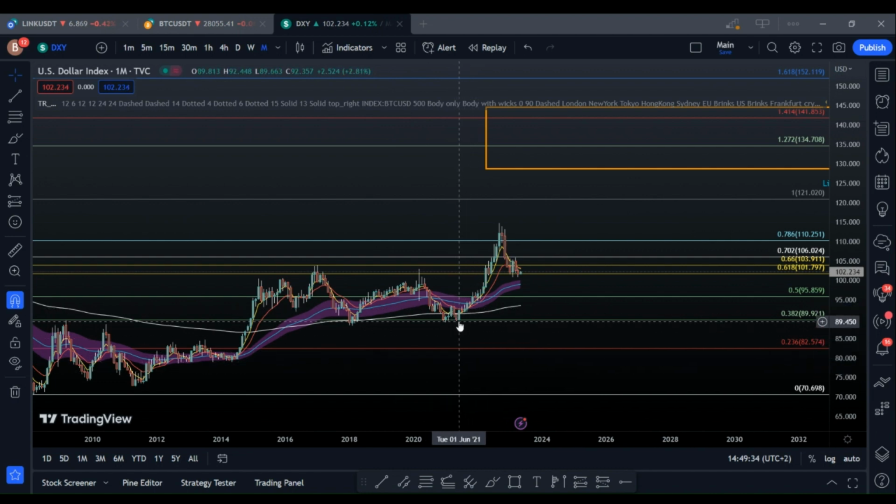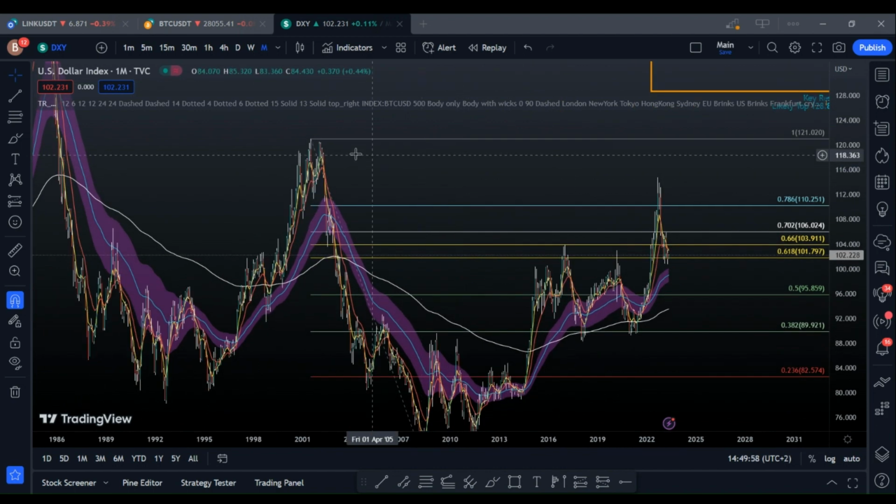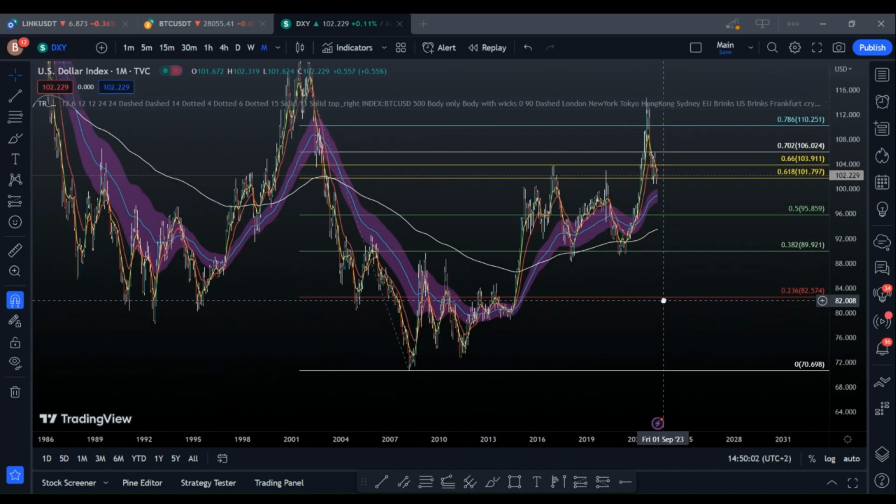And as you see right here, when we surged all the way up from 89 to right about 114, 115, that's where we had our very bad bear market for crypto. However, as you can see right here, we are basically at the turning point for DXY, as we have hovered around this huge and historical Fibonacci resistance area, drawn from the dot-com bubble top at 2001 all the way down to the 2008 financial crisis low.